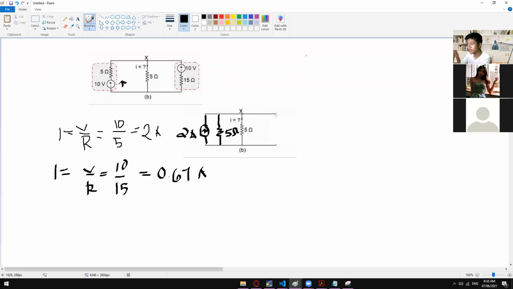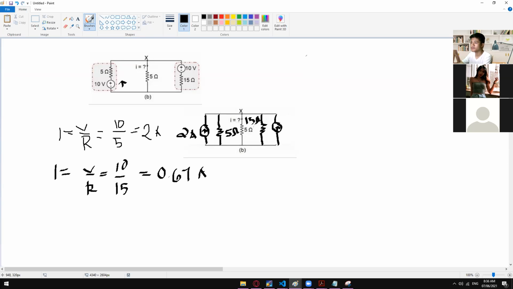If you're going to draw this, take note of the polarity. It points up, and right here will be the resistance, which is still 15 ohms. There you go.